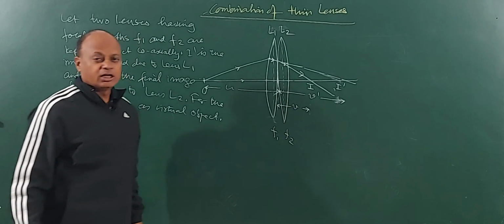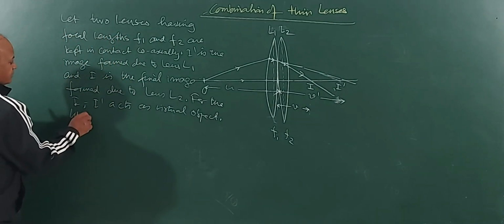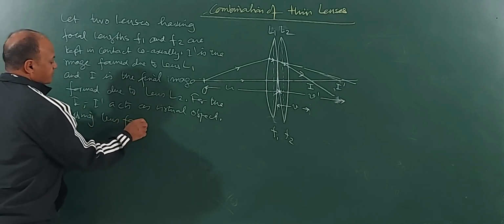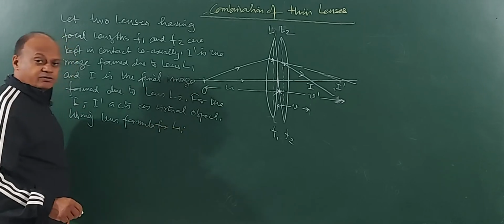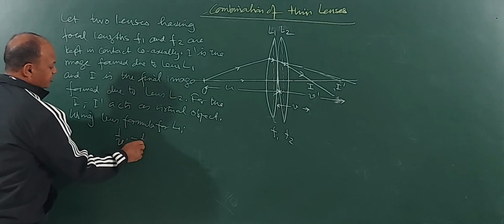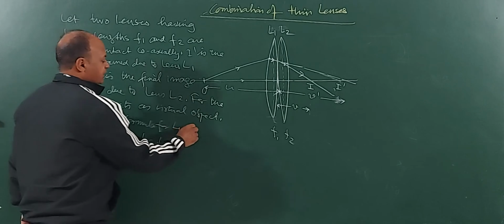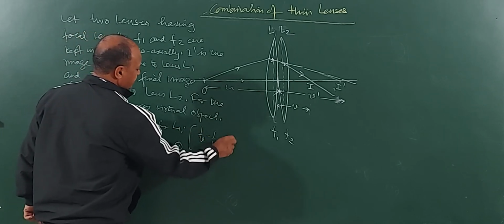Clear? Now I'll be using the lens formula for lens L1. The lens formula is 1 by v minus 1 by u is equal to 1 by f.